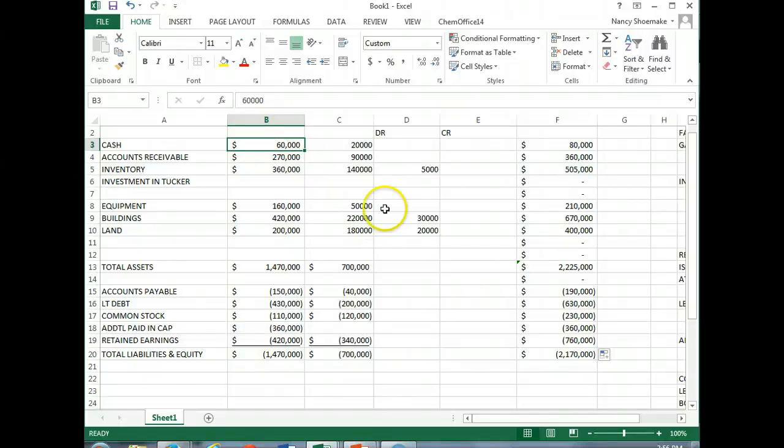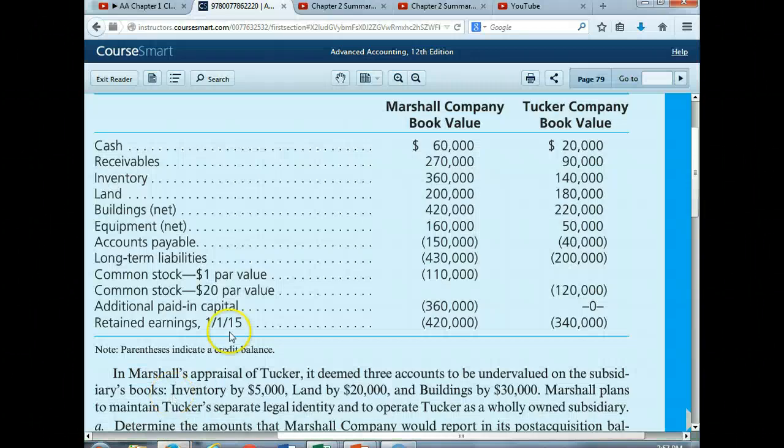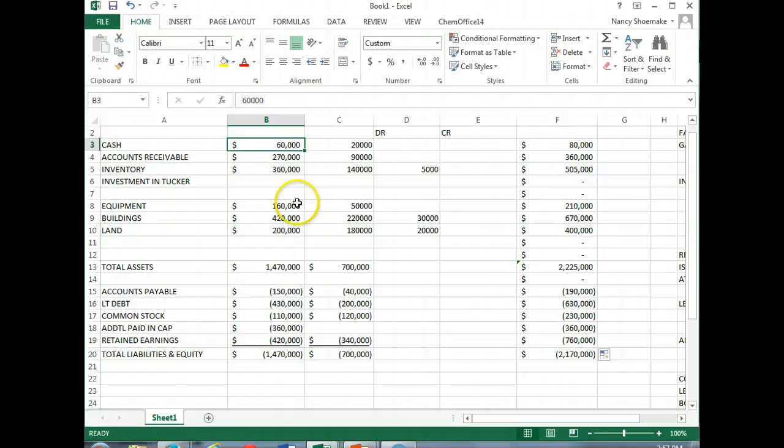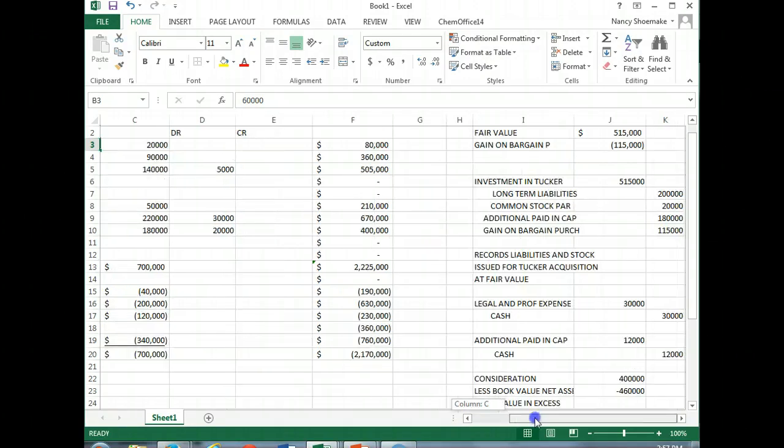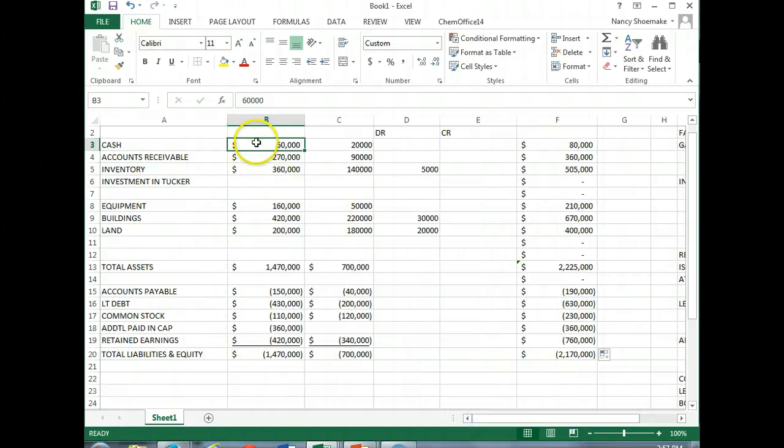We need to have the book values of both less the acquisition and stock issue costs. So we started this at 60, but if we take into account the 30,000 in fees, that brings it down to 30, okay? The 12,000 in stock issue fees, then what this will be is the 60 minus the 30 minus the 12,000 or 18,000.